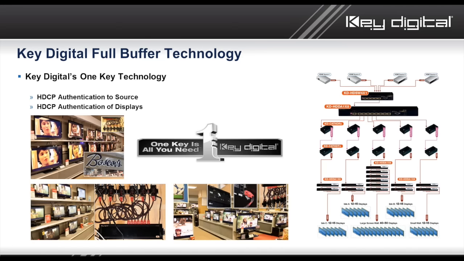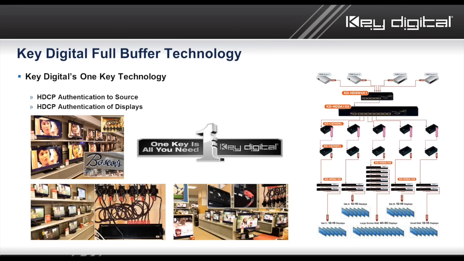Now, KeyDigital does things differently. We handle the HDCP authentication to the source. Yes, we are HDCP compliant. And if we rewind a moment, we also gave the EDID information to the source, telling it, hey, we're your television, and here's what you should output. For all that source is concerned, we are its display. Our KeyDigital hardware is the display for that source, which makes it like a one-to-one connectivity.